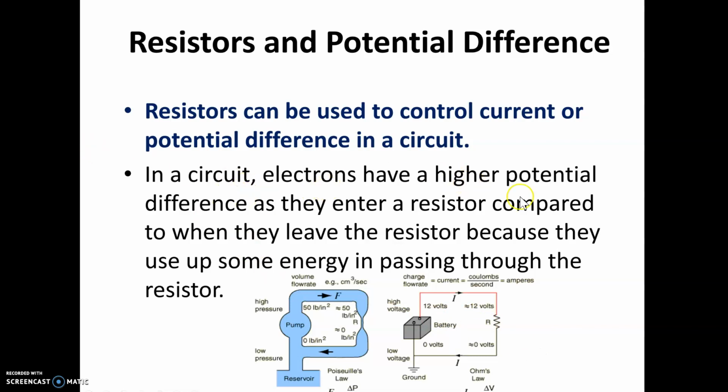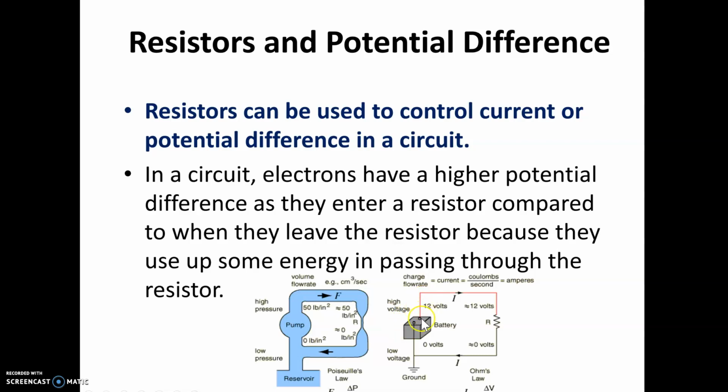So in a circuit, electrons have a higher potential difference as they enter a resistor compared to when they leave the resistor, because they use up some of that energy in passing through it. These are just examples that I found. If you look at the potential difference here, from here to here, there's a potential difference of 12 volts.